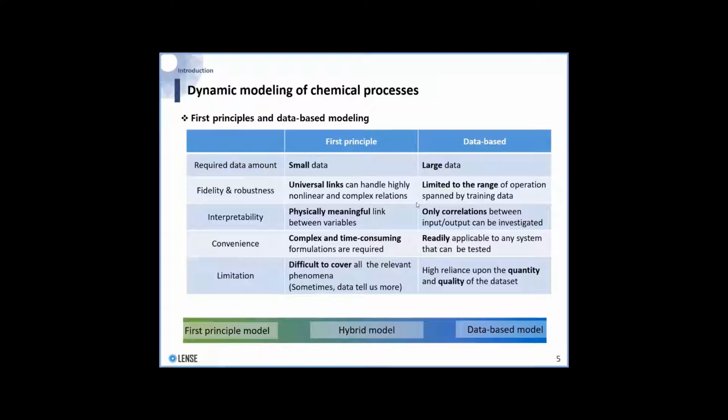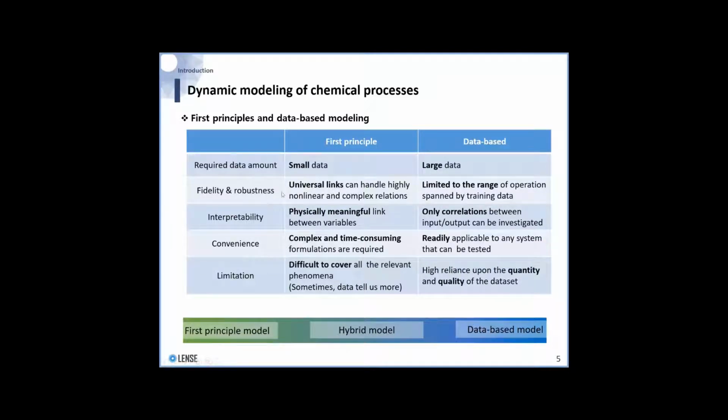Okay, now in terms of dynamic models, the model that we are familiar with is a first principles model, right? So we build models based on what we know about the process: kinetics, transport, thermodynamics. All those are put together in the form of mass-energy balance. And of course, there may be some parameters that you don't know and you may have to estimate from the data, but they require a relatively small amount of data.